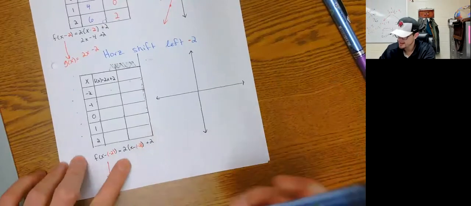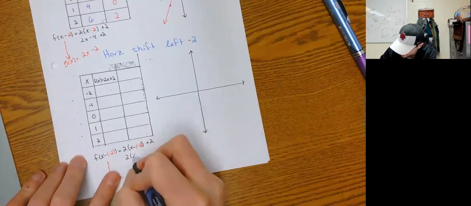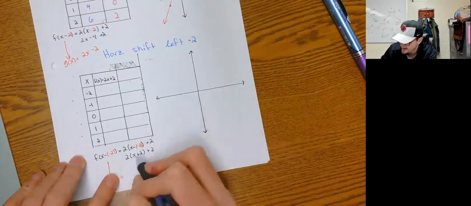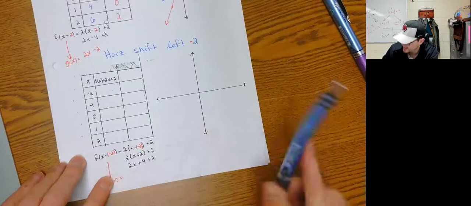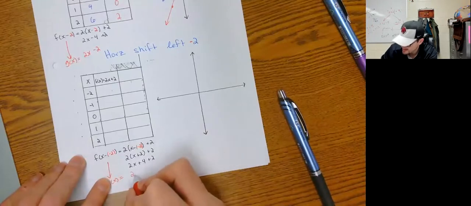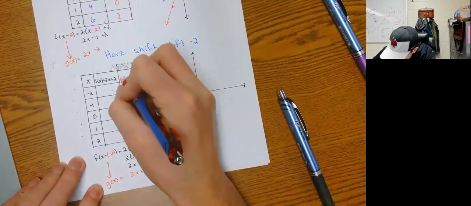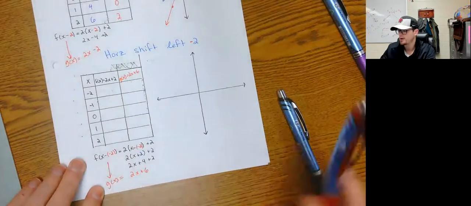Some stuff happens on the inside. There's actually going to be 2 steps here because this is a double negative. So this will change to 2x plus 2 plus 2. Then you distribute, and then you get 2x plus 4 plus 2. And that will simplify to be 2x plus 6. So g of x equals 2x plus 6. Okay.